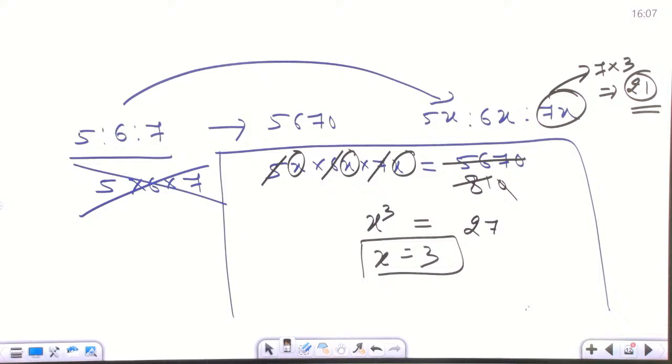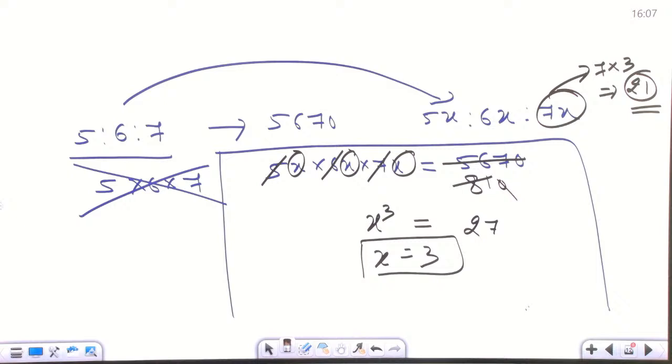Write the solution. Yes. But we need x in, because we are multiplying the value. If we don't take that x, the value of 1 unit will be 27. But exactly the value of 1 unit is 3 only. This is the difference.